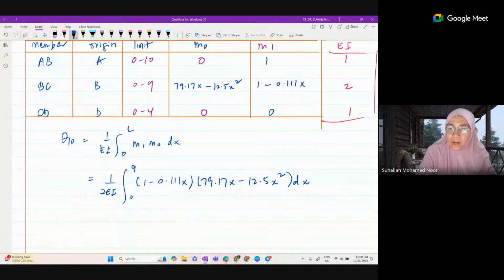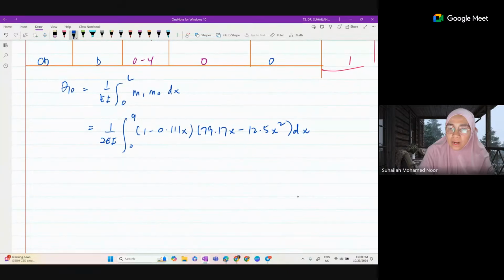Okay, please integrate this theta 1 naught for me and give me the answer in terms of EI. I want theta 1 naught, and the answer is in terms of EI. Please integrate. What is the answer?